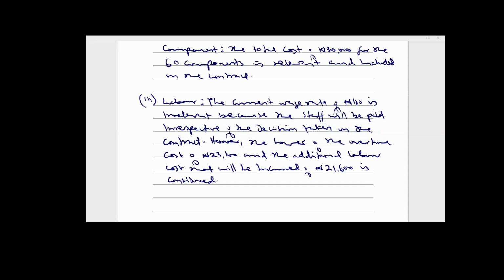Whether you execute this project or not, the company must pay that 6,000 naira because what is written in the lease agreement is binding on both parties, the lessee and the lessor. So irrespective of the decision taken on this contract, that 6,000 naira must be paid, even if the company has not paid the money yet, because it's expressly written in the contract. So it will not change. It's a committed cost, so you ignore it.